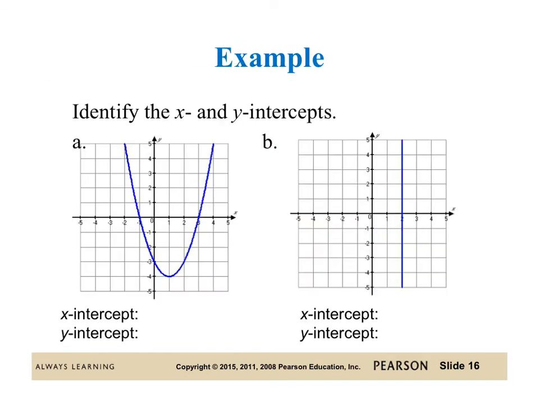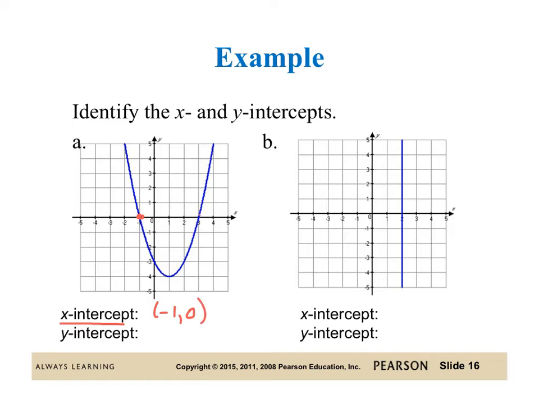So here we're going to identify the x and the y-intercepts. We're going to begin with the x-intercepts. The x-intercept of graph A, which I'm sure you've noticed is not a straight line, it actually has two x-intercepts. The first one is at the point -1, 0.